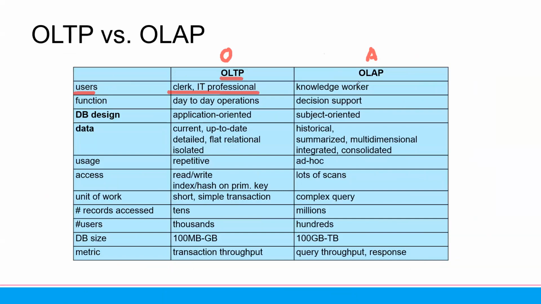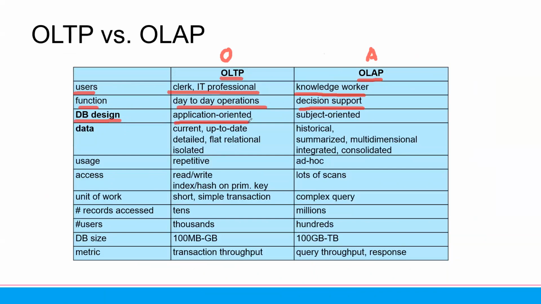But the OLAP is about the knowledge worker. We need to understand the data. We will analyze the data for decision support. But the OLTP is more for day-to-day operations. And the DB design is more application oriented.